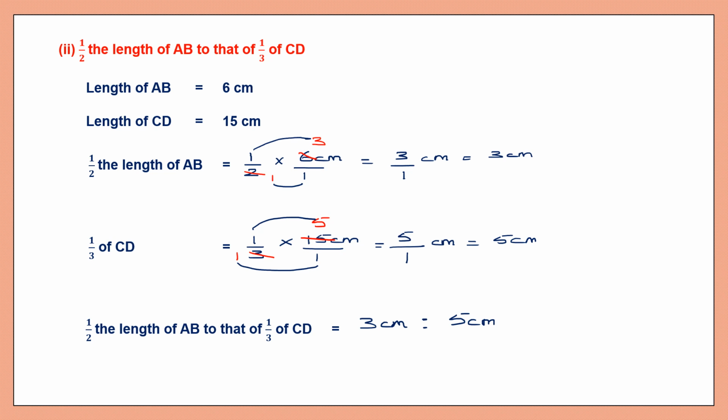So let's write this 3 centimeters by 5 centimeters. Now this is in the fraction form. Now we can remove centimeters. So now what do we have? 3 by 5. So this is our answer to the question. Half the length of AB to that of 1/3 of CD is 3 by 5.